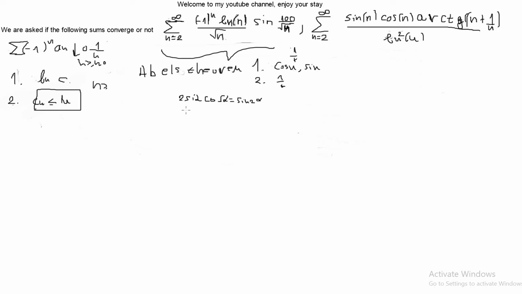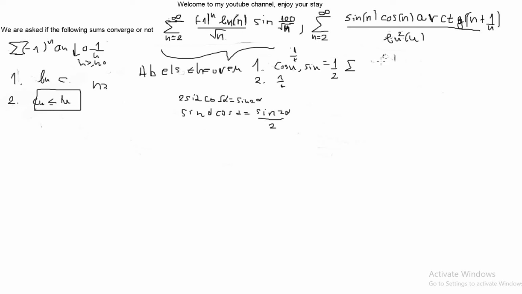If we divide both sides by 2, we get sine of alpha cosine of alpha equals sine of 2 alpha over 2. So we will apply it here. We take 1 over 2 outside, it doesn't have n in it.